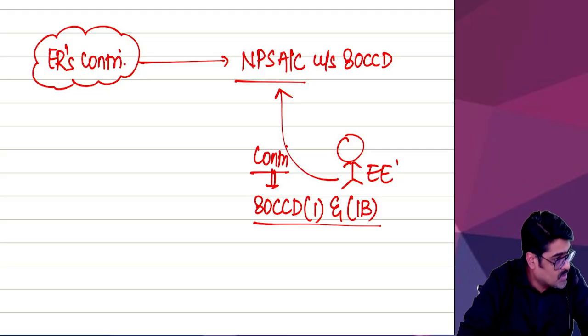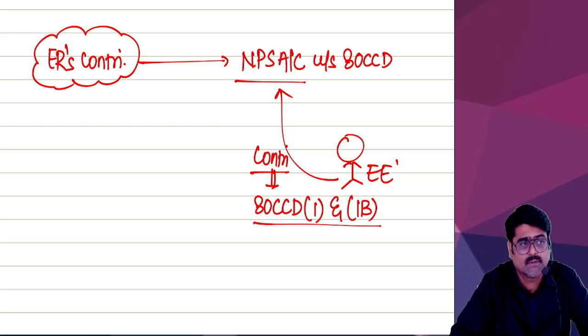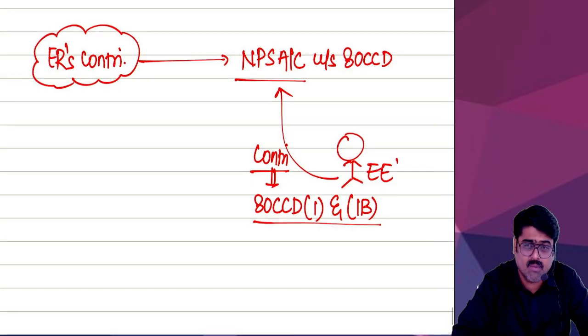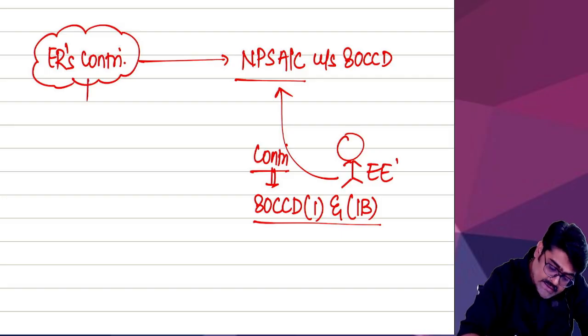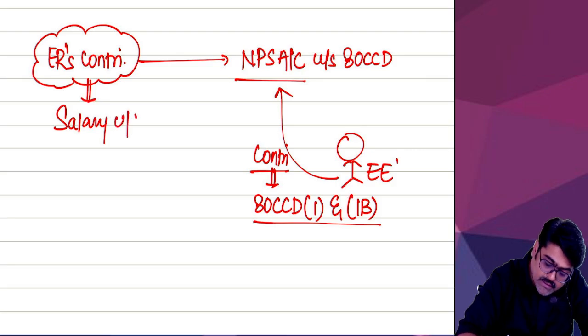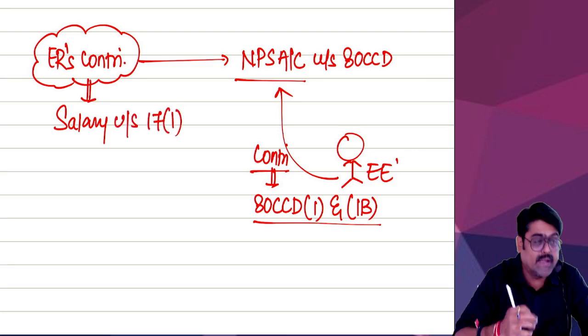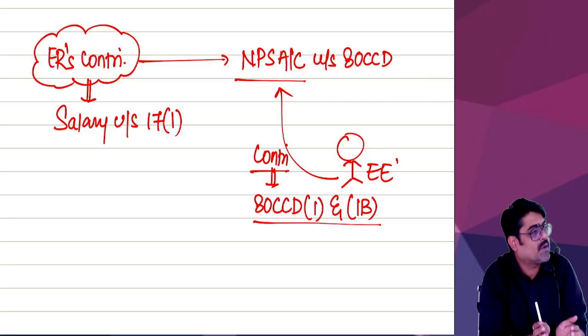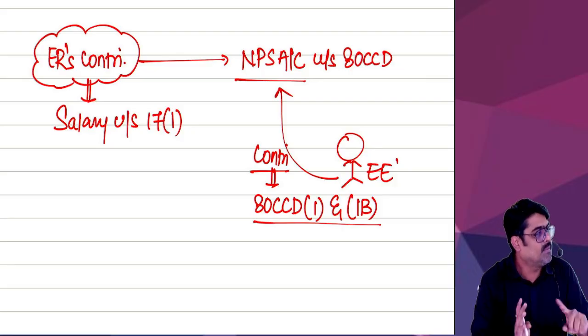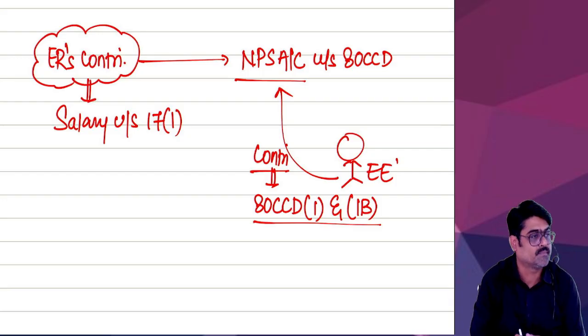Any amount of contribution made by the employer to the NPS account of the employee, that entire amount is treated as salary under section 17(1). So whatever contribution is made by the employer will be treated as your salary for this year. Have you received it?